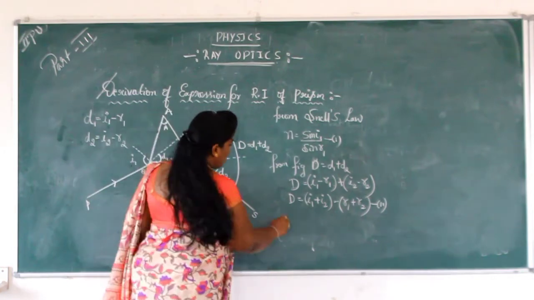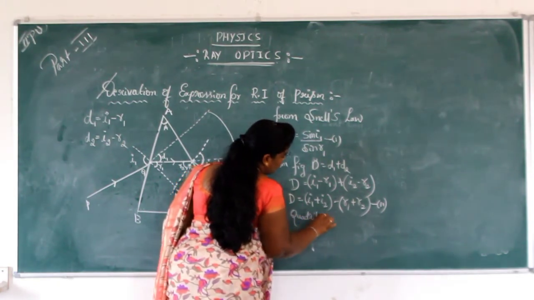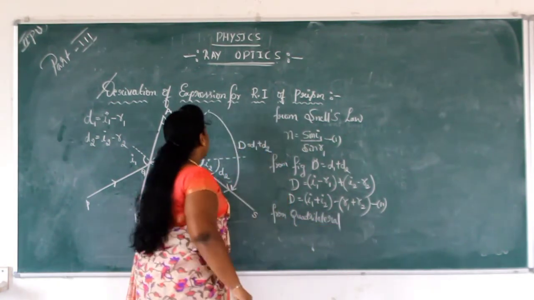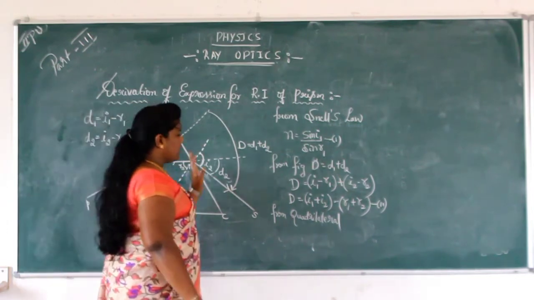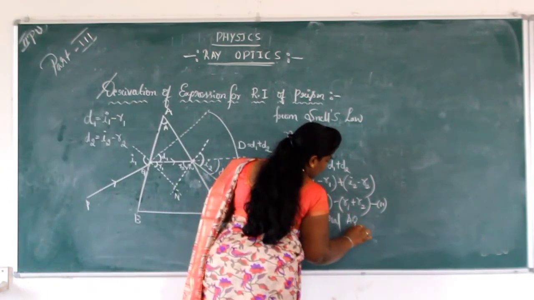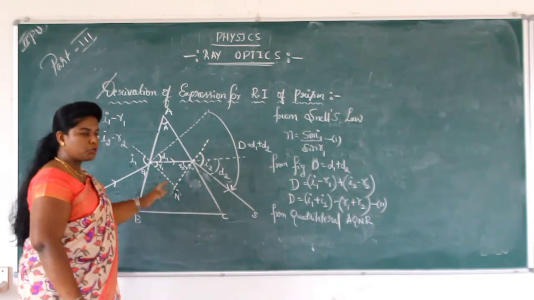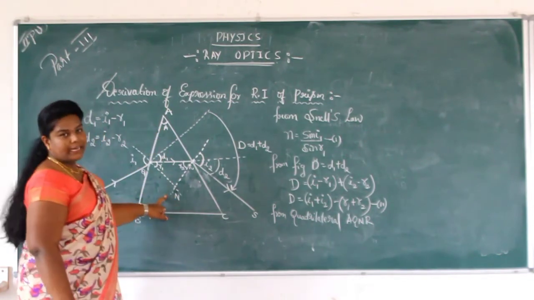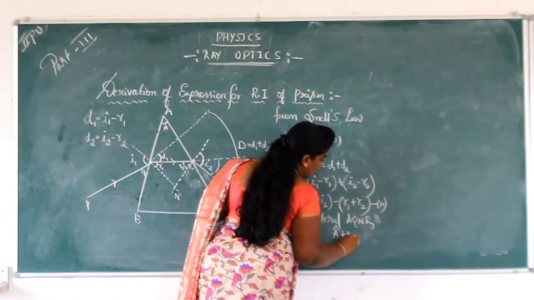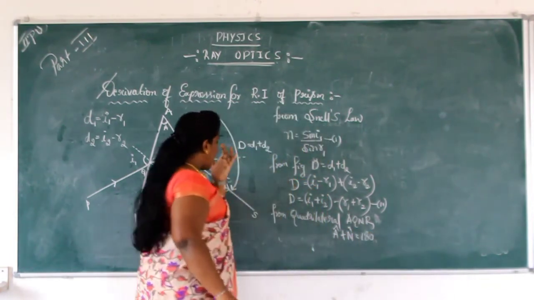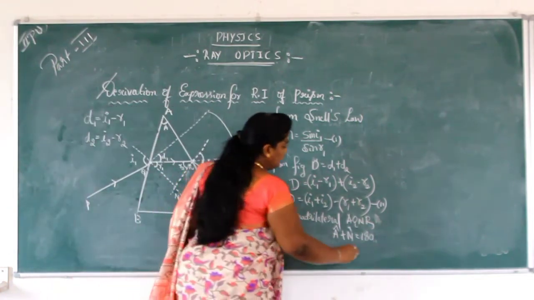So I am just going to write from the quadrilateral A, Q, N, R. In a quadrilateral, the sum of two opposite angles is always equal to 180 degrees. So angle A plus angle N is equal to 180 degrees. Take it as equation number 3.